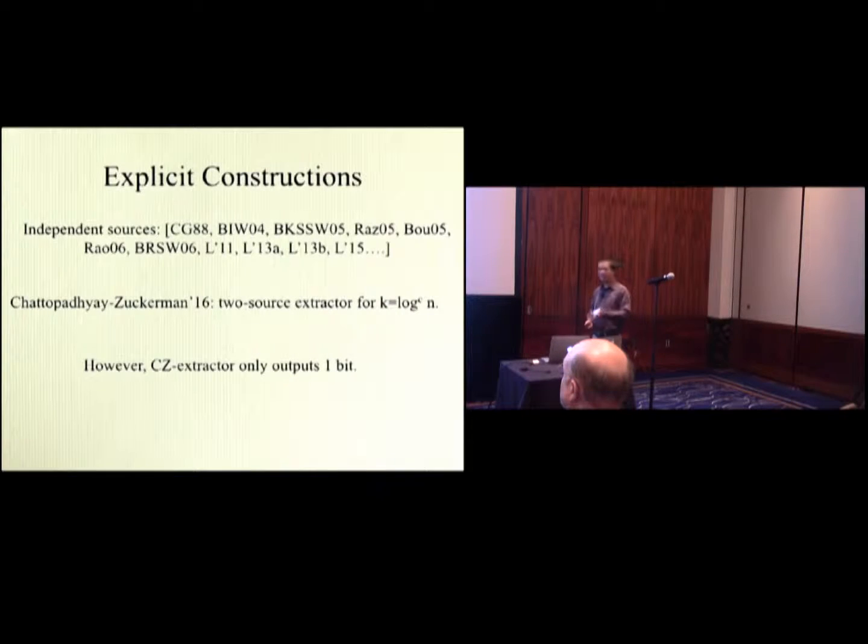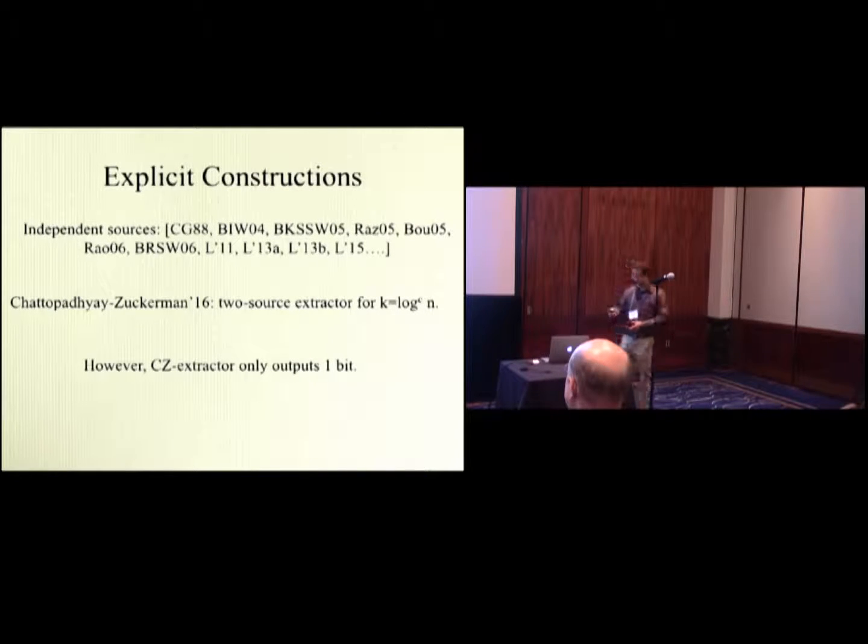Okay, so here are some of the previous constructions. For the independent source extractor case, there has been a lot of work, starting from the pioneering work of Chor and Goldreich, and eventually Chattopadhyay and Zuckerman constructed the first two-source extractor for polylogarithmic entropy, except that their extractor only outputs one bit.